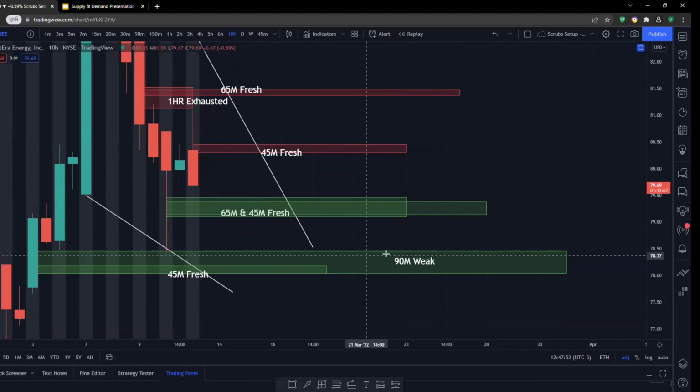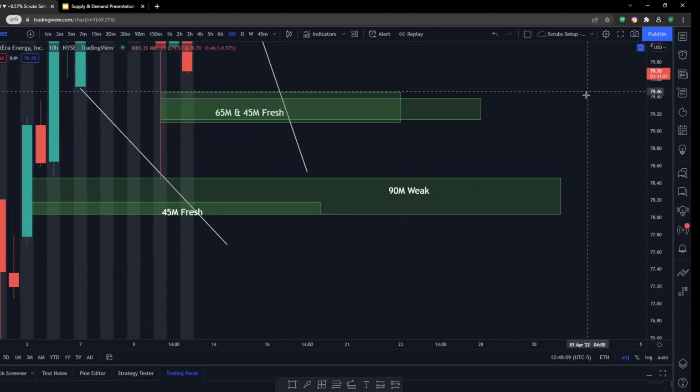So that's an example of where a specific demand zone didn't work out and it got invalidated, but the one below it bounced from it, right? So this is why it's very, very important to have multiple time frames when identifying your zones. And then also, we did create a 90-minute earlier on, but we also created a 45-minute inside of it.